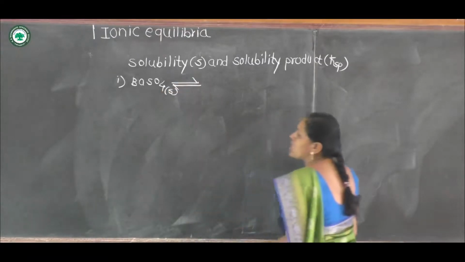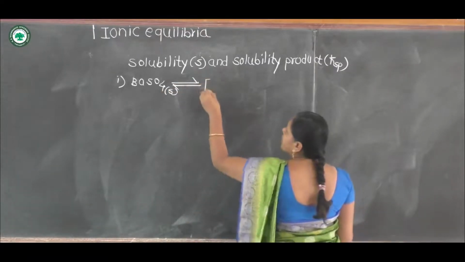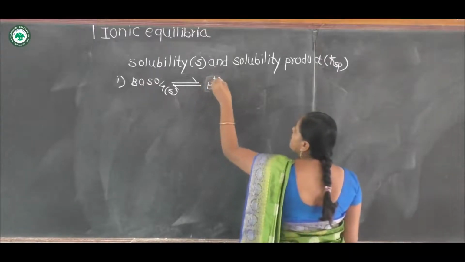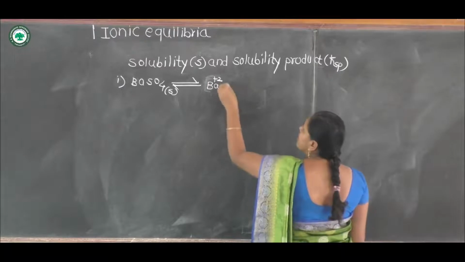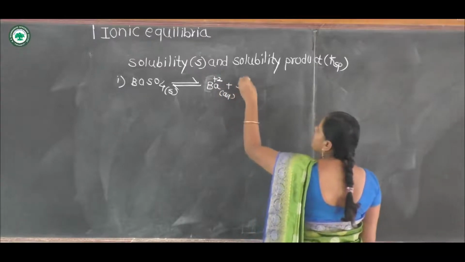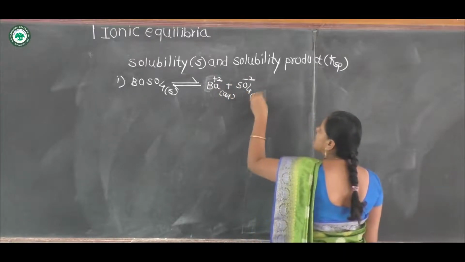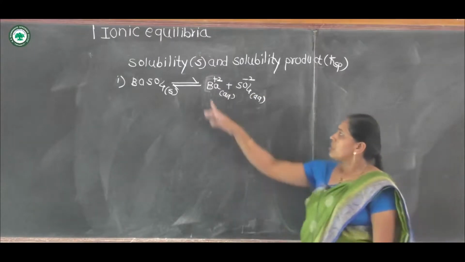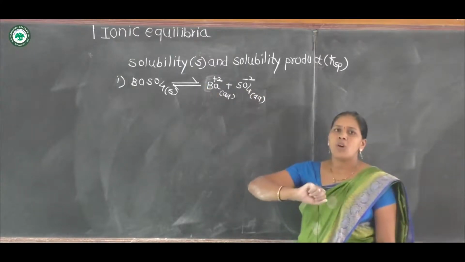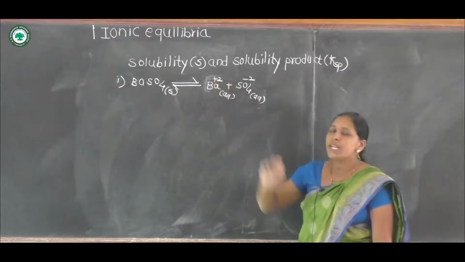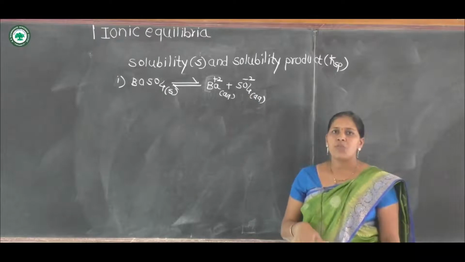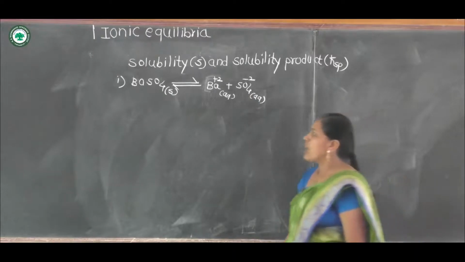It can be dissociated into Ba2+ and SO4 2-, and we know that the number of moles of Ba2+ ions is 1, and the number of moles of SO4 2- ions is also 1.